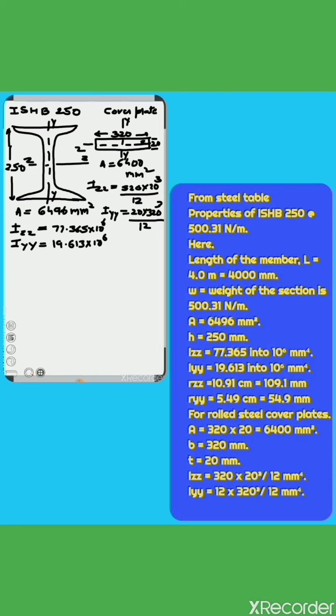IZZ equals moment of inertia of section about XX axis equals 320 into 20 cubed upon 12 millimeters to the power of 4. IYY equals moment of inertia of section about YY axis equals 20 into 320 cubed upon 12 millimeters to the power of 4.